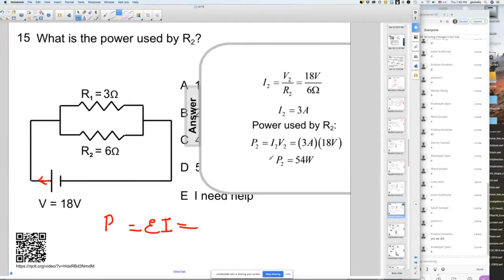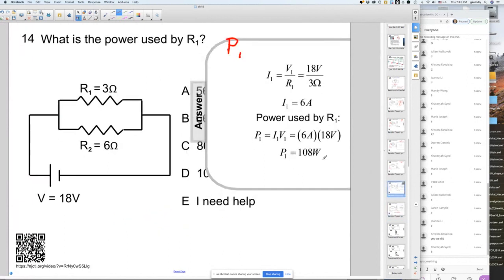And that should equal the sum of P1 plus P2. All right, so this is 18 volts. And if you remember, the current was 9 amps. So you could check it yourself that 18 times 9 is equal to 54 plus 108.